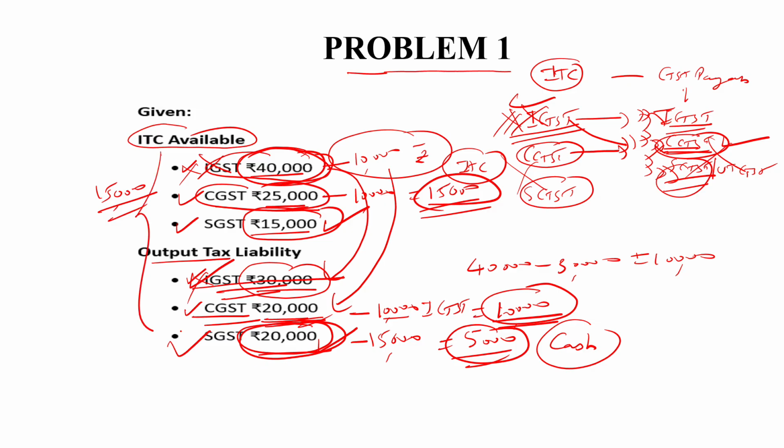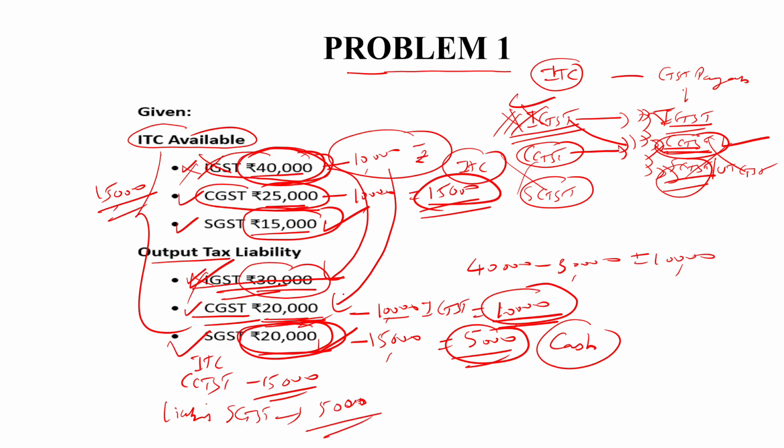If we summarize, at the end we have a CGST input tax credit of 15,000, which can be used in future or the next quarter, and we have an SGST liability payable by the party of 5,000.